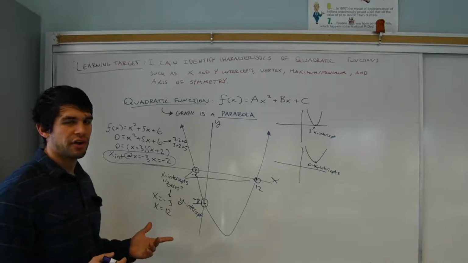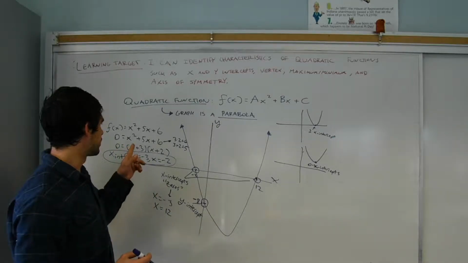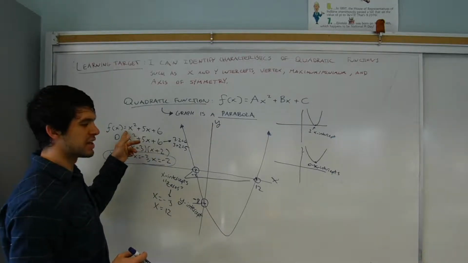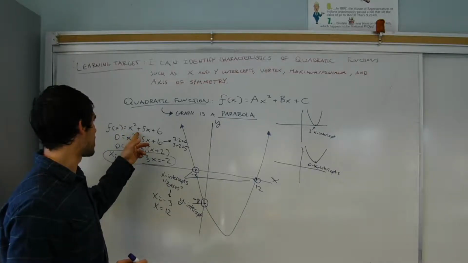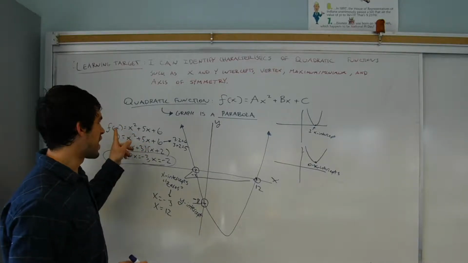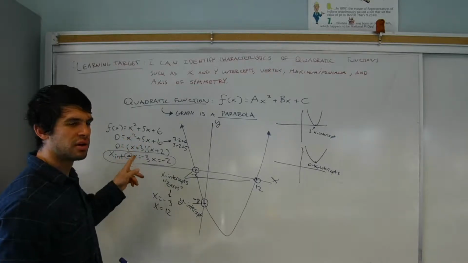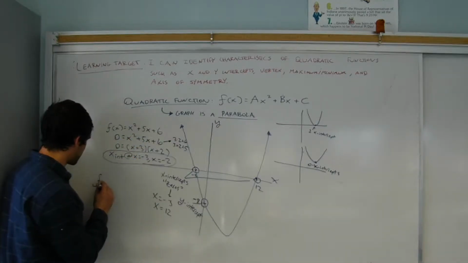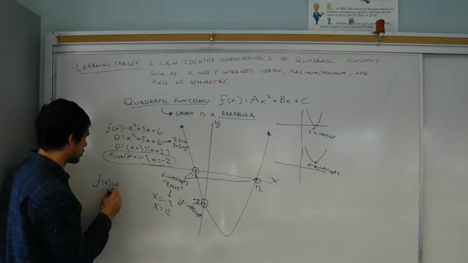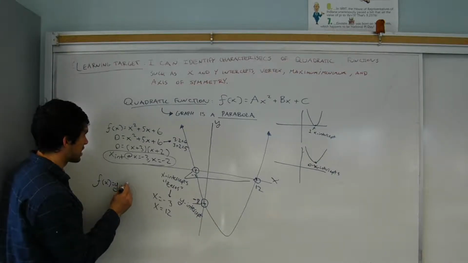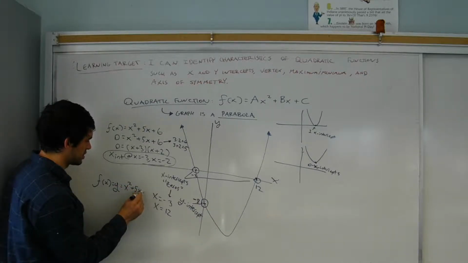And then if we have a quadratic function in equation form like this one, we would find the y-intercept by finding the y value where x is equal to 0. So recall that f of x is equal to y, which is equal to x squared plus 5x plus 6.